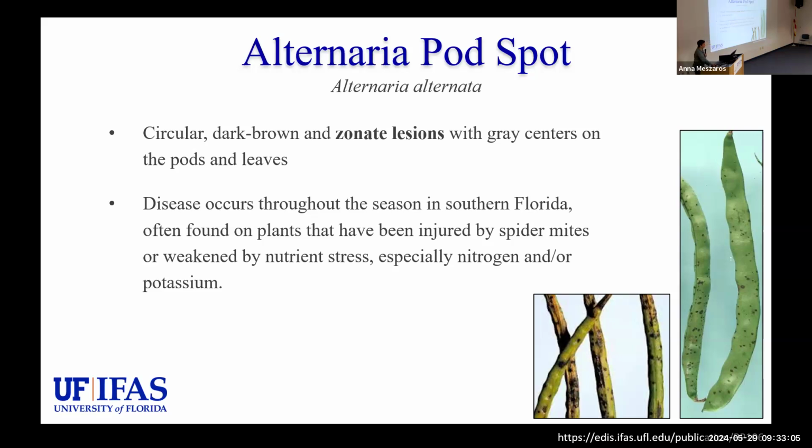And there are several cases where this disease has been correlated with injuries from spider mites, and also it's correlated with nutrient stress.